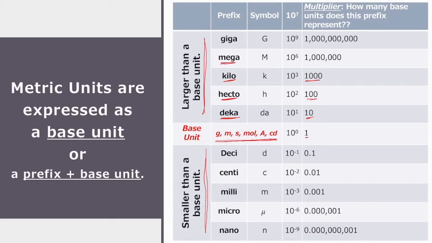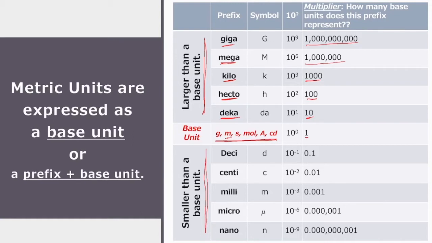A megagram would be 1 million grams, and a gigagram would be 1 billion grams. And that could be for any base unit. If we're doing this in meters, a decameter would be 10 meters, and so on. Then towards the bottom half of this chart, you'll see things get smaller.